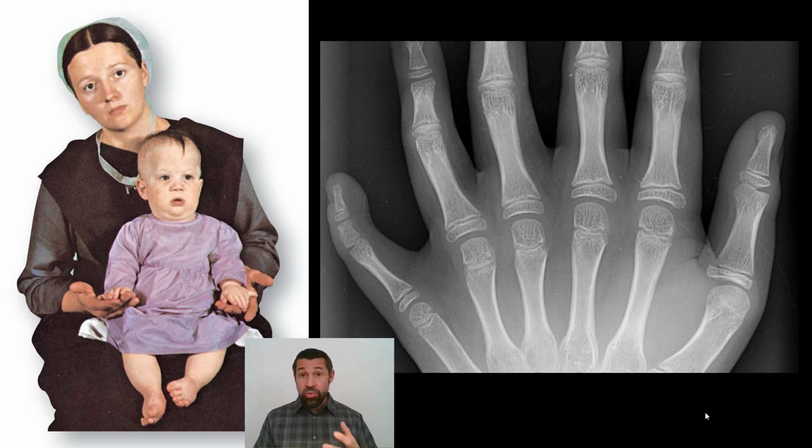So at least one of those original 200 founders carried an otherwise rare genetic allele that coded for a disorder, causing dwarfism and polydactyly. Polydactyly is a sixth finger or toe, like you see on the right-hand side of the screen there.